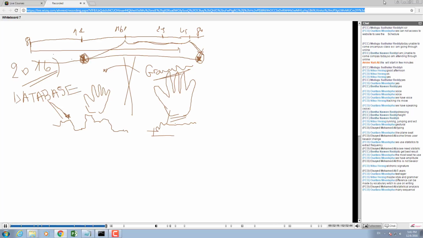Can you imagine the future? Yeah, database. You absolutely have to deal with databases, because you cannot decide just from analyzing one signal. Okay? You have to create a database.